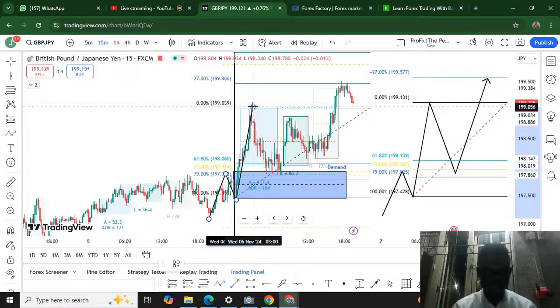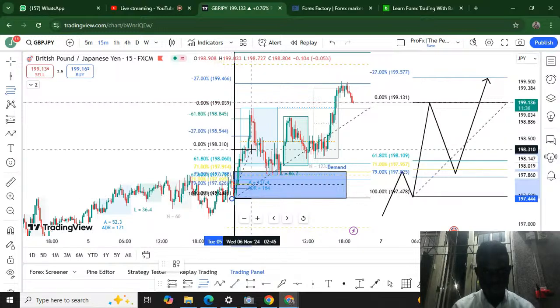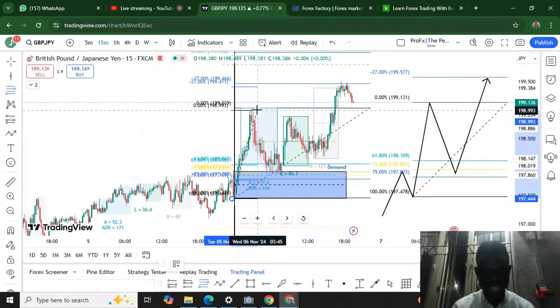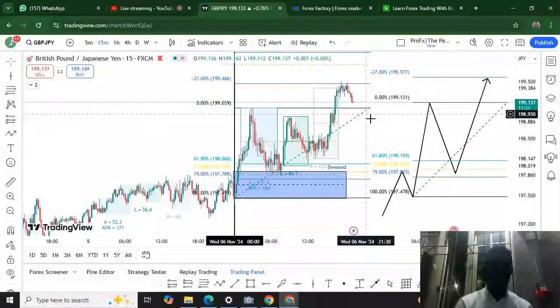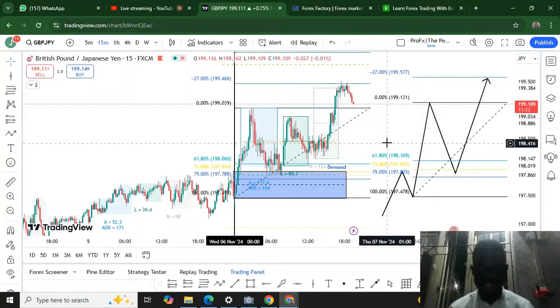After that, we saw a pullback. Pullback into where? We draw out our Fibonacci from this low to this high. So the pullback came into our 71%, and you either use a buy limit or wait for a candle to close as a bullish confirmation to buy. That's all.